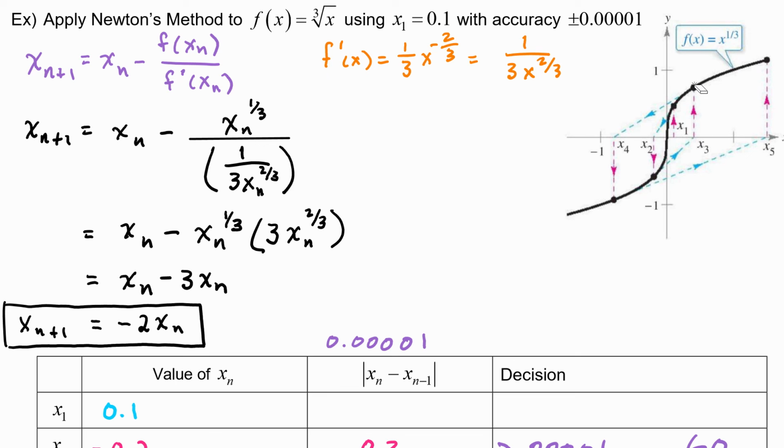We go up to the graph, do the tangent line to x4, which was negative 0.8, and it just keeps getting farther and farther away. And the reason for that, as the curve goes out, the slope of the tangent is getting shallower and shallower, so by the time the tangent line hits the x-axis, it's really far away. And that means that Newton's method fails.